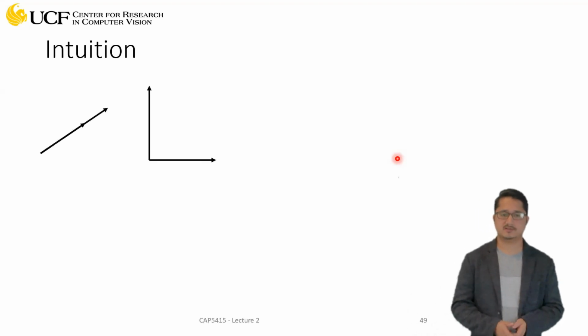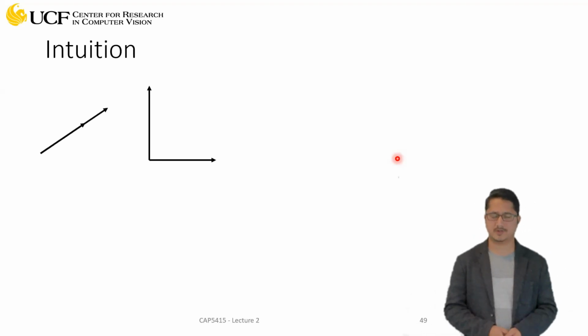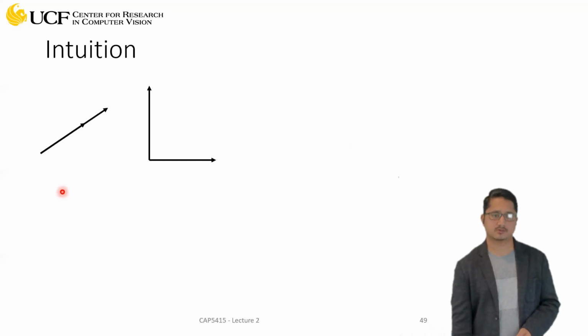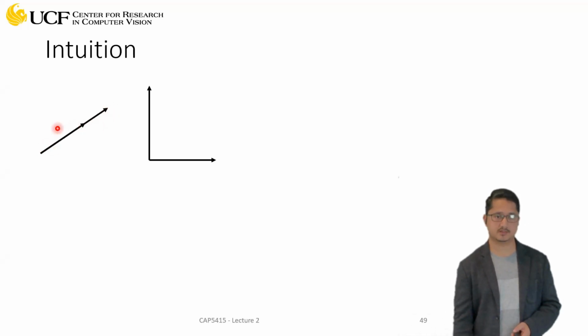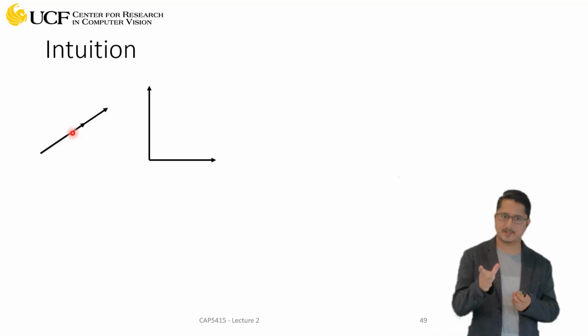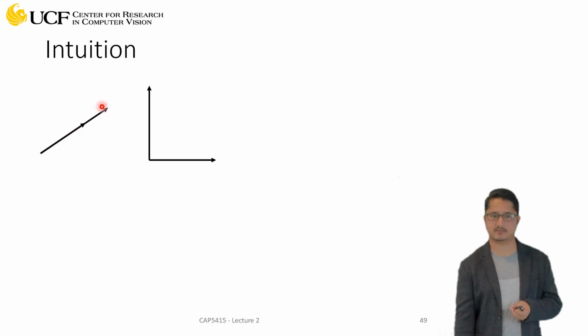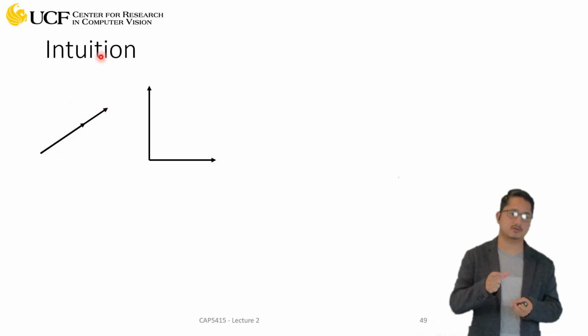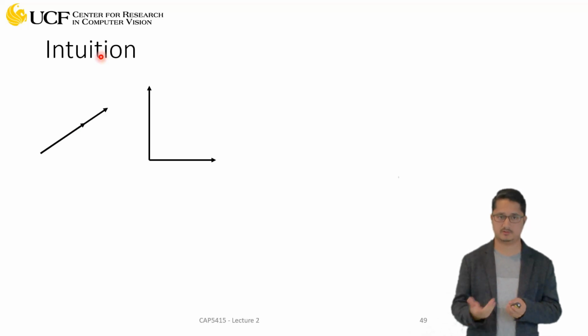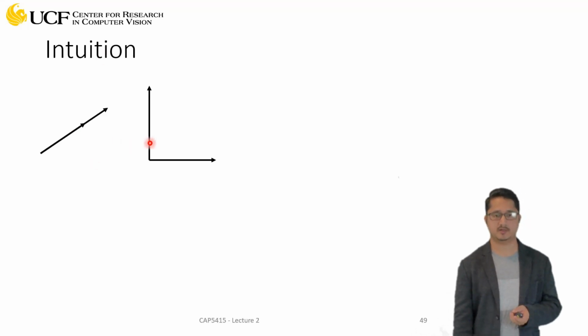Let's try to understand this from more vector examples. Say we have a vector in this direction and another vector in the same direction. These are not linearly independent, because if we have the shorter vector, I can just scale it in that direction and get the second vector. We can perform a linear combination, or scaling operation, to get the second one. That's why they are not linearly independent.